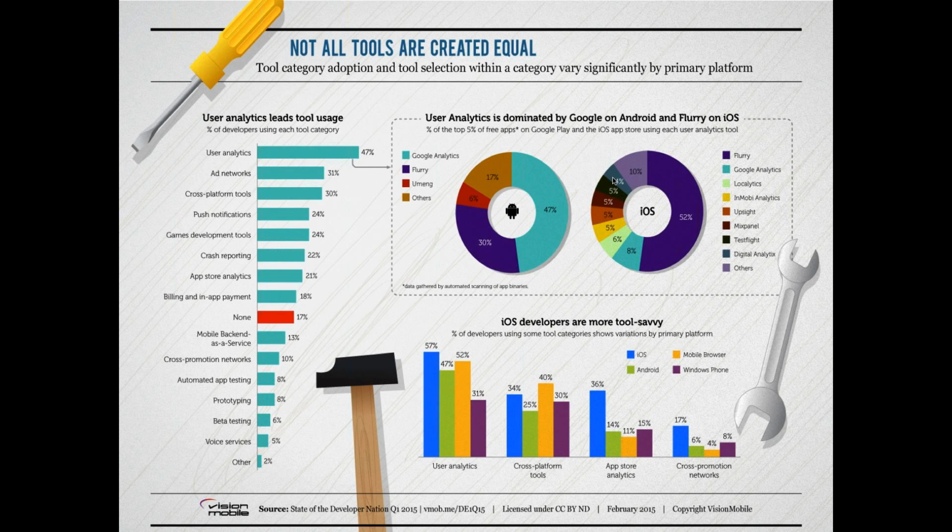You see a very different breakdown on iOS and Android. Again, Flare dominates on iOS, and Google Analytics dominates on Android.